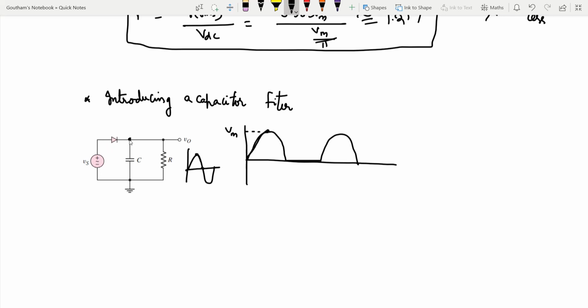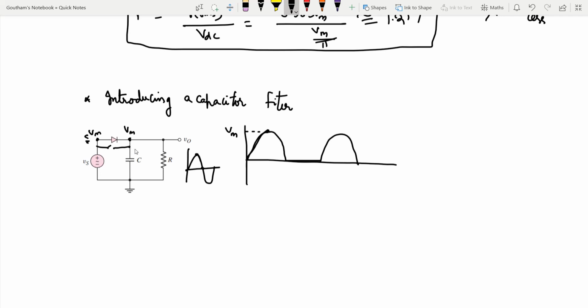The capacitor is already charged to Vm. Because the input waveform is going below Vm, the P side has a lesser voltage compared to the N side. So immediately this diode gets open circuited.